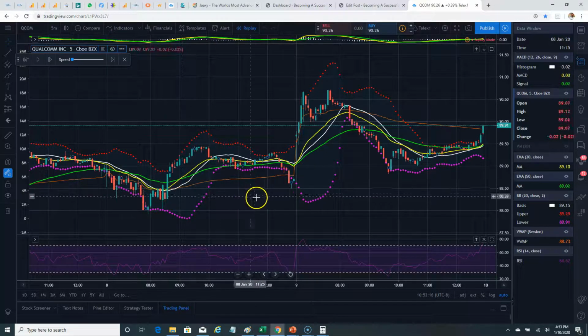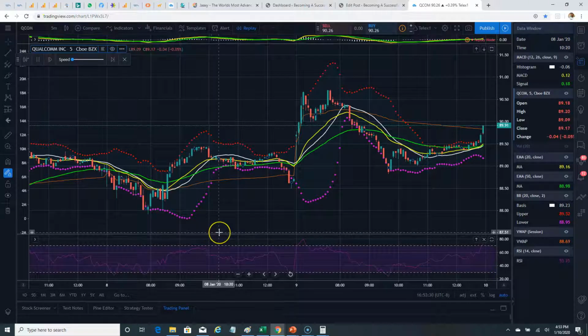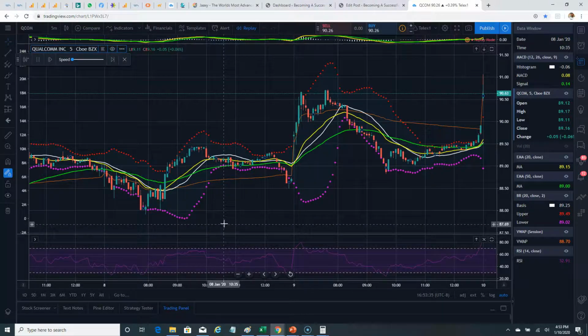So here, if we go to our play button, we are ready, and we will be getting a candle every 5 seconds, and each candle has a duration of 5 minutes. Okay, so here's the opening. Let me just zoom in.